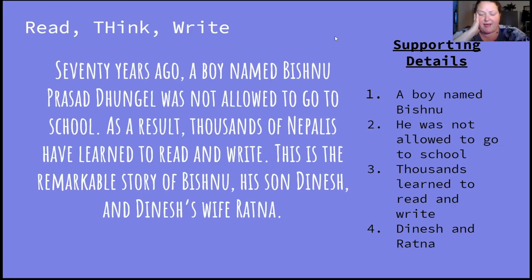And when I look back at this title, I see the word Nepali. That word is like a country I know, Nepal, which is near India. So I figured out they were all from Nepal, and I decided not to worry too much about the names, but just to underline the three people, a man named Vishnu, his son Dinesh, and Dinesh's wife Ratna.